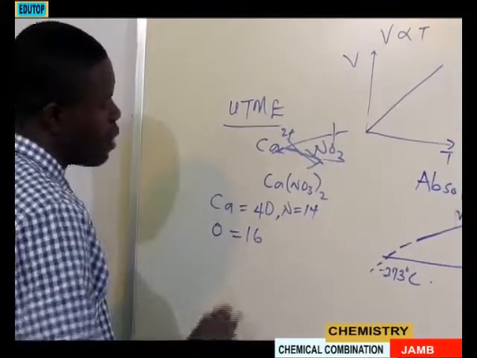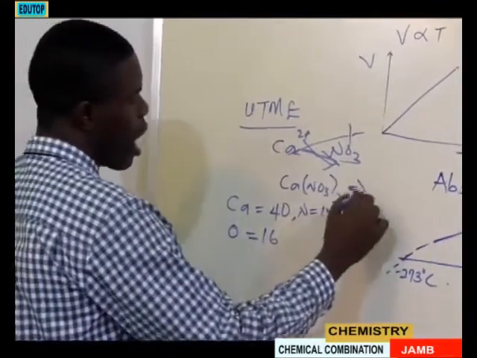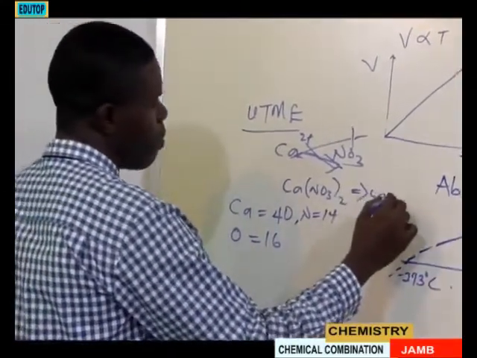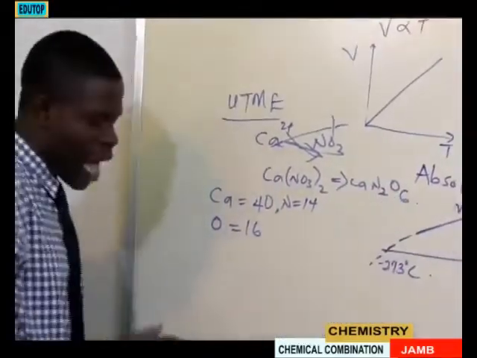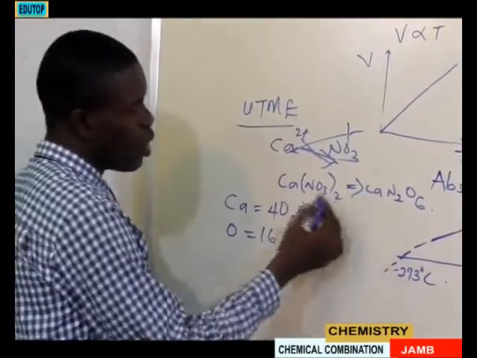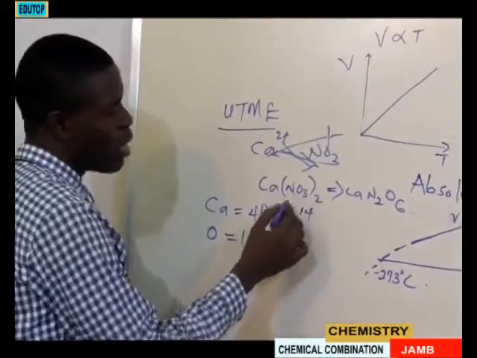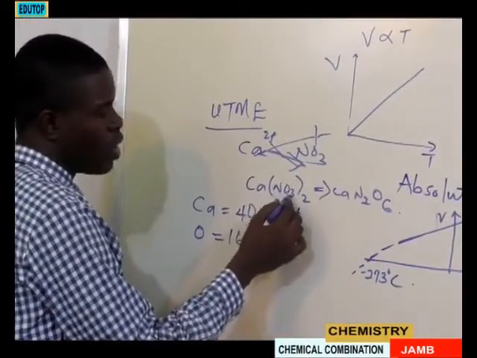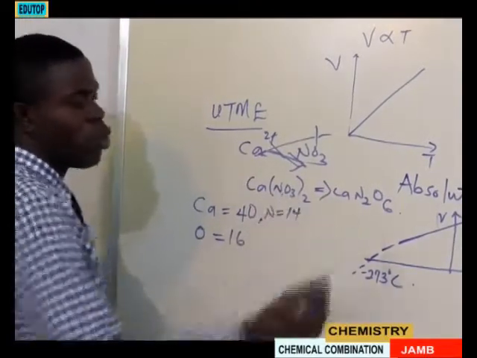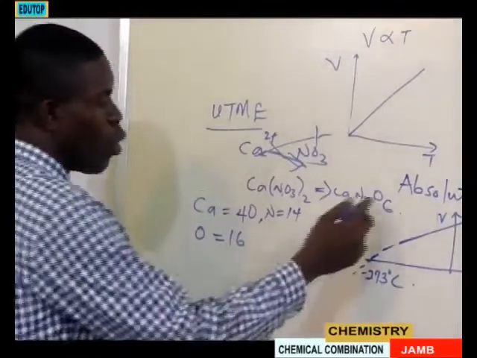If we open this up, we have CaN2O6. How do I get N2? Assume it is 1, 1 times 2 gives 2, so you have N2. Then oxygen is O3 here, multiplied by 2, making it O6.